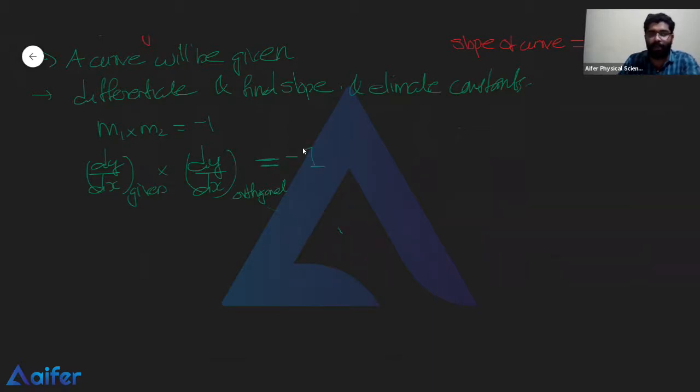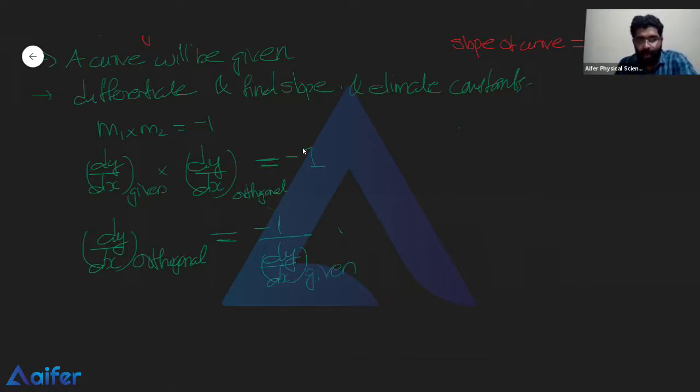This is equal to -1 only if the given curve is orthogonal to this. So the slope of the orthogonal curve will be equal to minus 1 by the slope of the given curve.